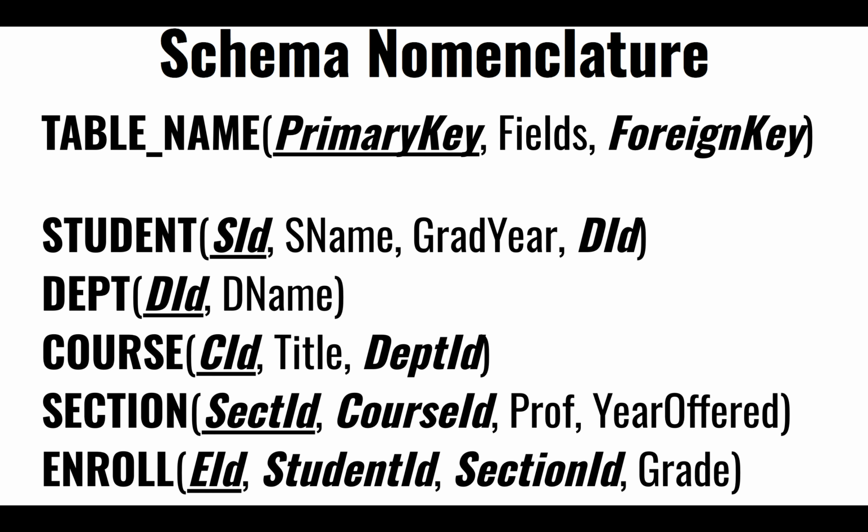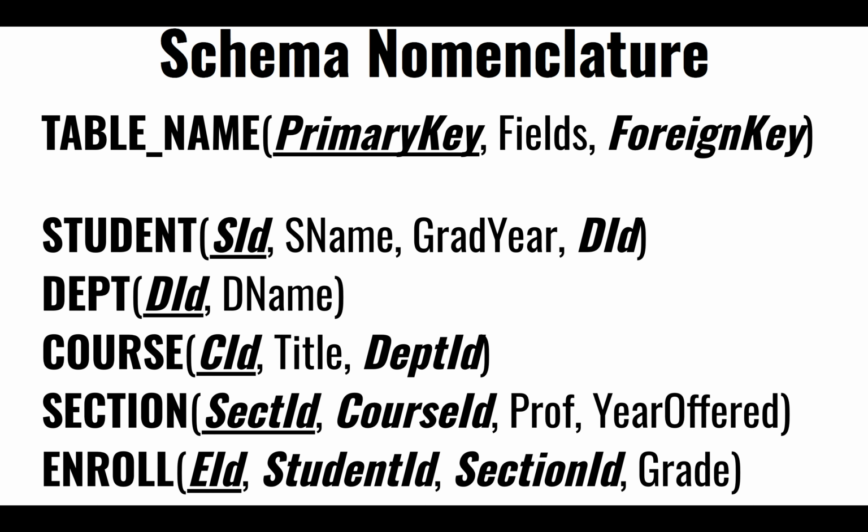Typically, they'll start with the name of the table or data set: Section, Course, and whatnot. And then the fields themselves are also going to have a nomenclature. For all the natural fields, the things that refer to natural phenomena, real, tangible things like student names, department names, titles, professors, years, grades, those are real things representing real phenomena, those are just going to be in plain text.